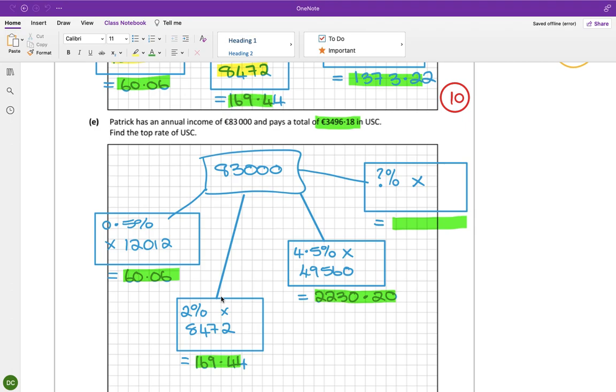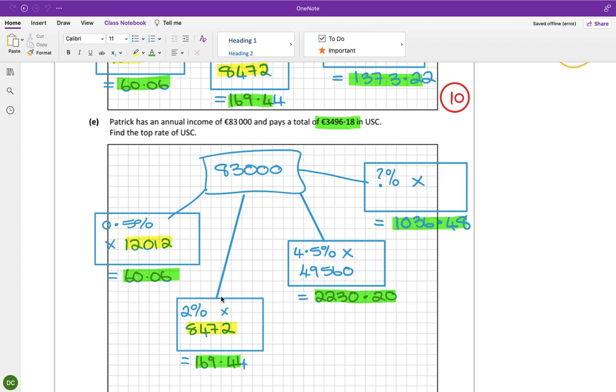If I do a big minus, 3496.18 minus 2230.20 minus 169.44 minus 60.06, I get 1036.48. Now I'm going to do the same thing on the money.